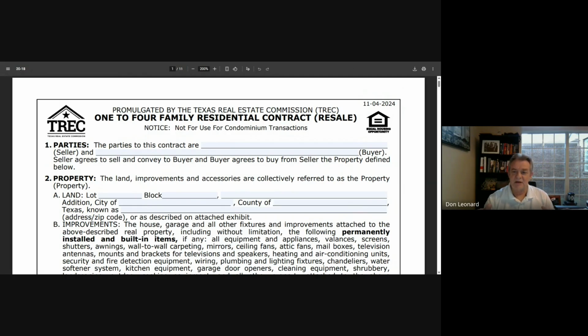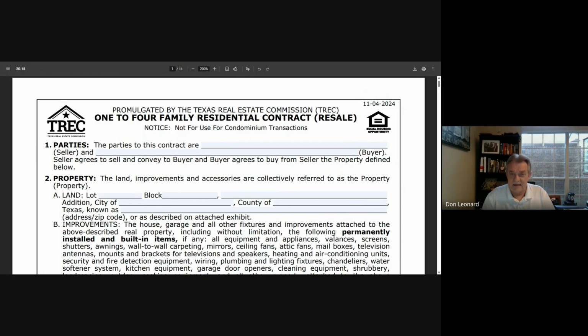It's not really much of an issue right now because this one's been out long enough that everybody has gotten used to using it. The next version of the contract will probably come out in June of this year. It looks like they're going to make some changes again, just like they do every couple of years.